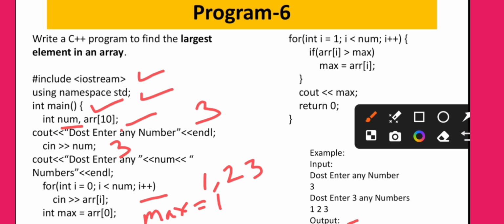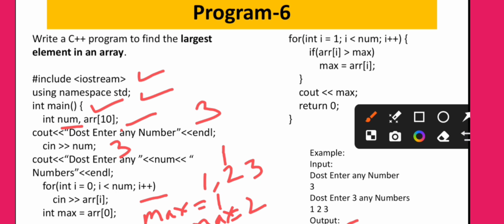Then we use this for loop for the comparison, starting from i equal to 1 and i less than num, i plus plus. Initially, the array i, that is 2, will be compared with the 1. If 2 is greater, then we write 2 in max. So next time max will become 2.